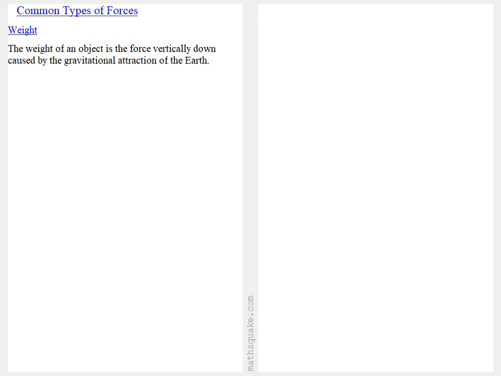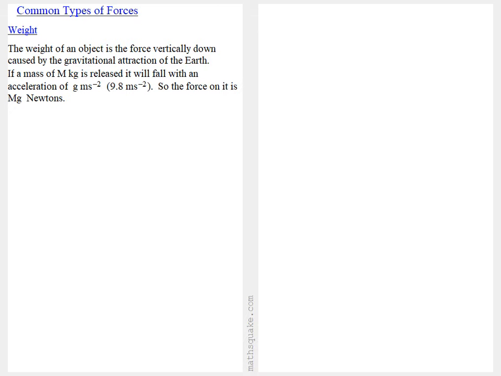Let's have a look at some common types of forces. Now the first one is weight. The weight of an object is the force vertically down caused by the gravitational attraction of the Earth. If a mass of m kilograms is released, it will fall with an acceleration of g meters per second squared, where g is 9.8.